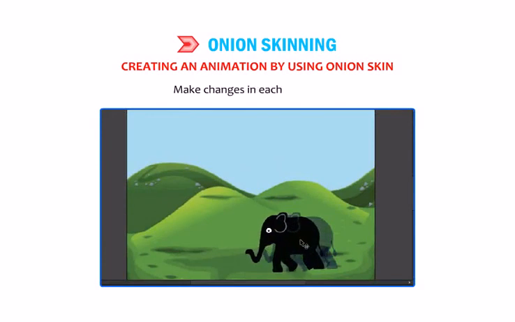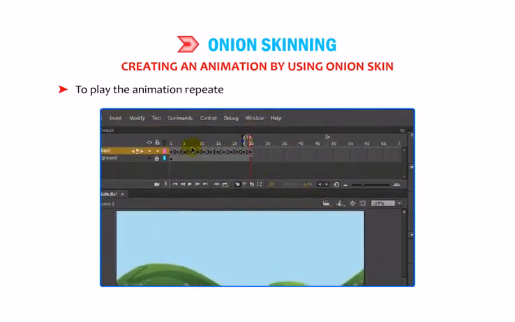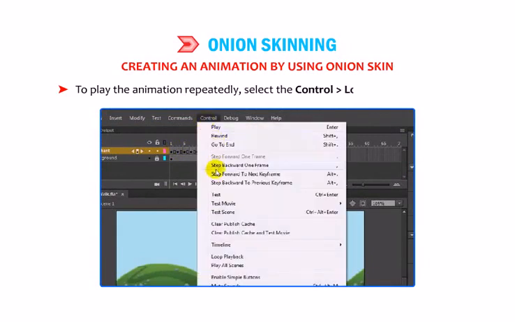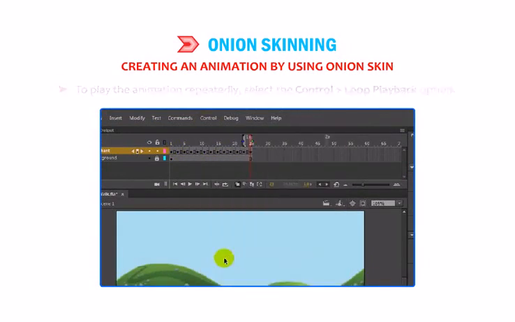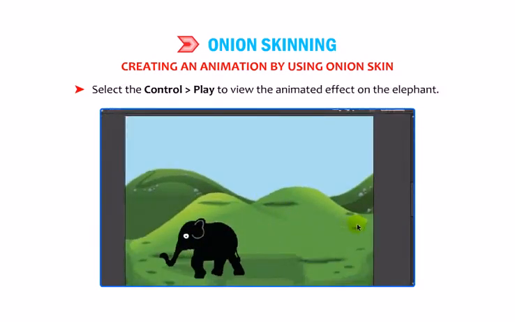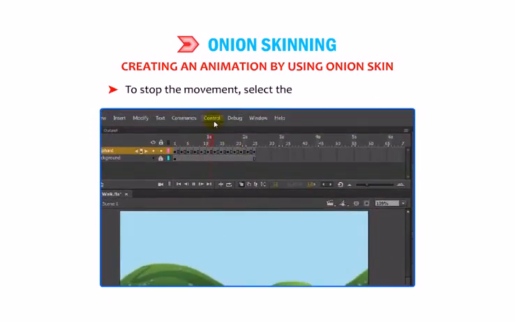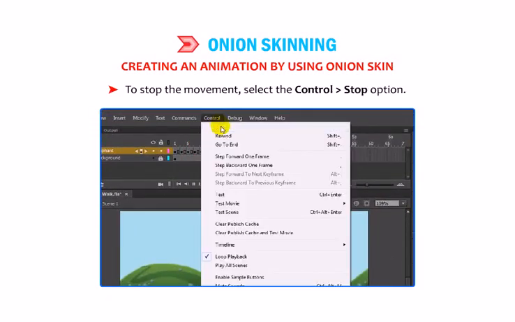Make changes in each new frame. To play the animation repeatedly, select the control, then go to Loop Playback option. Select the control, then play to view the animated effect on the elephant. To stop the movement, select the control, then Stop option.